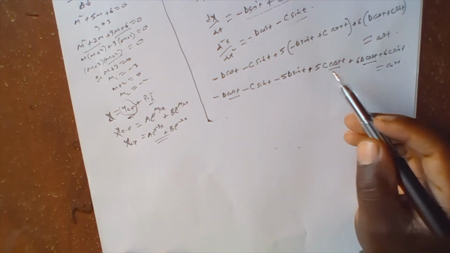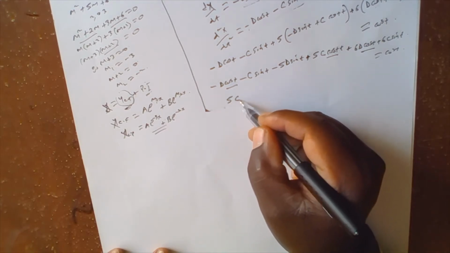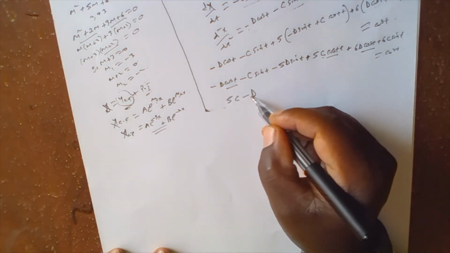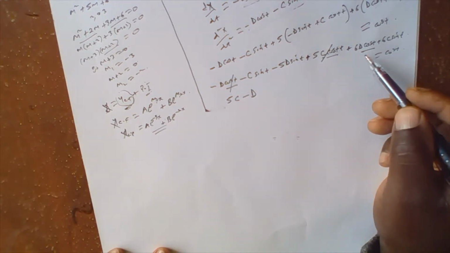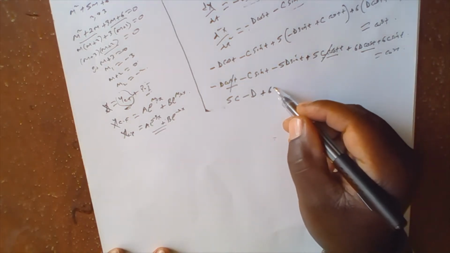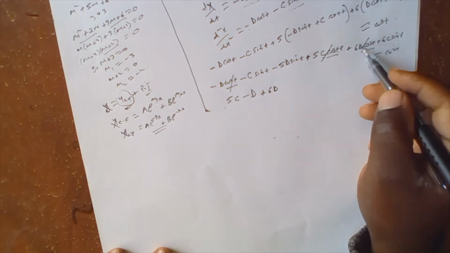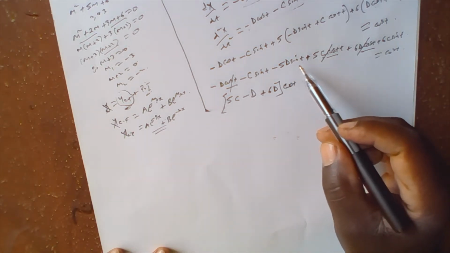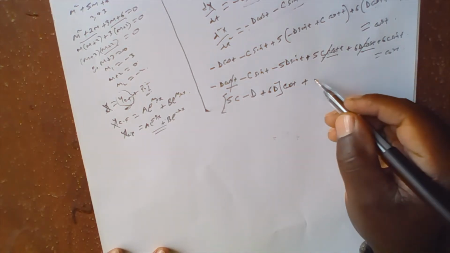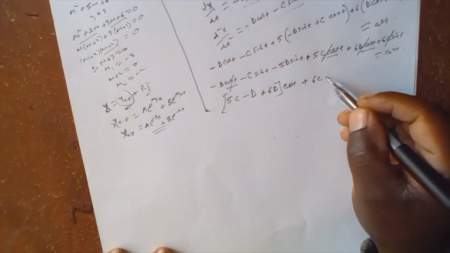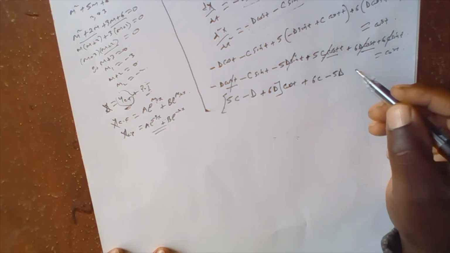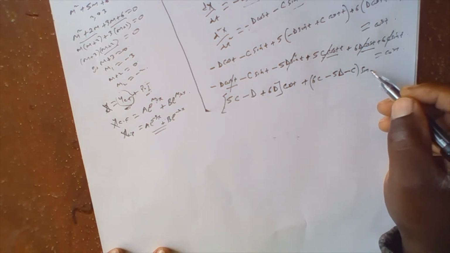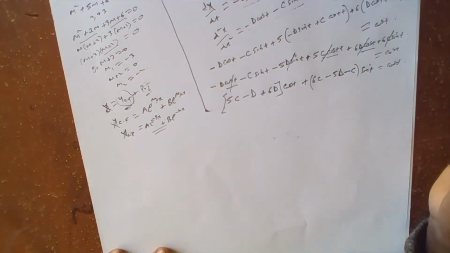So I can start with the positive, so I have 5c, then minus d, then plus 6d, then we put outside cos t, then I also have plus 6c minus 5d minus c, then we have sine t equals cos t.